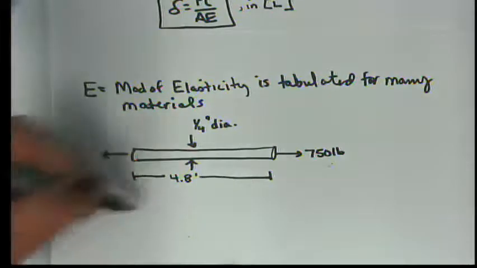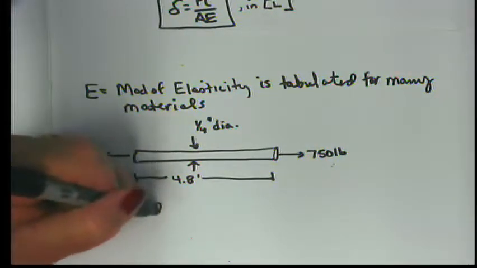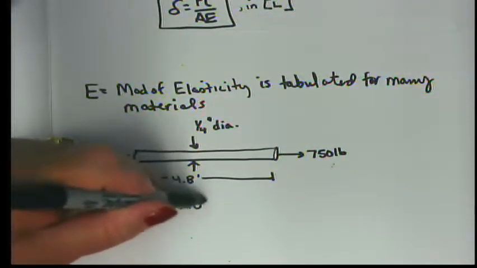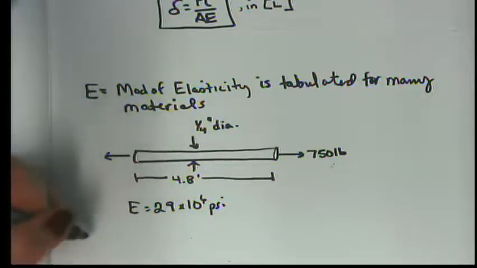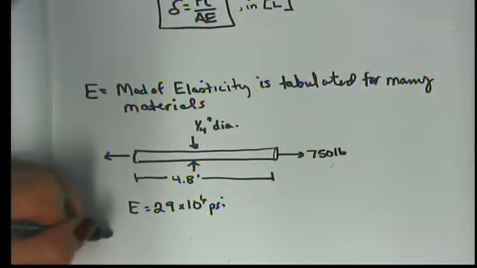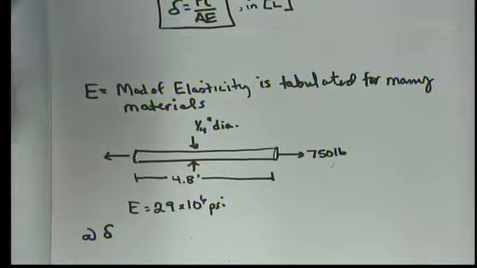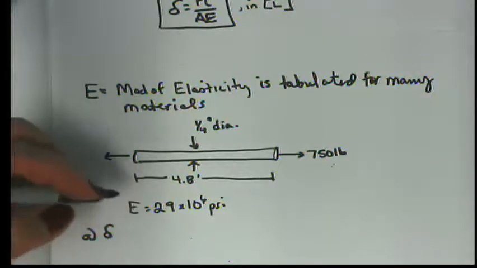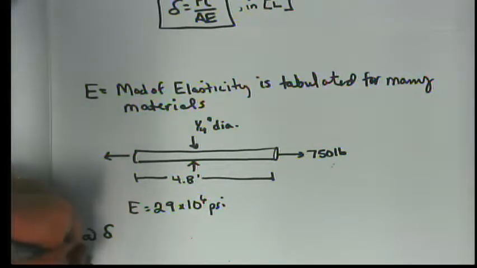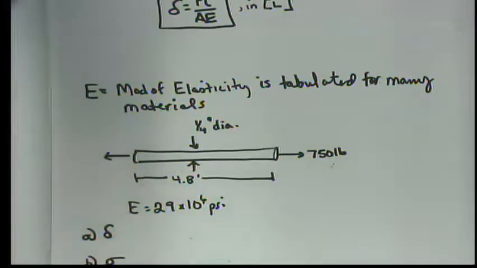We know that E, the modulus of elasticity, is 29 times 10 to the 6th psi, and we ask two questions. What is the elongation? The elongation is delta. And we also want to know the corresponding normal stress, in other words, sigma.